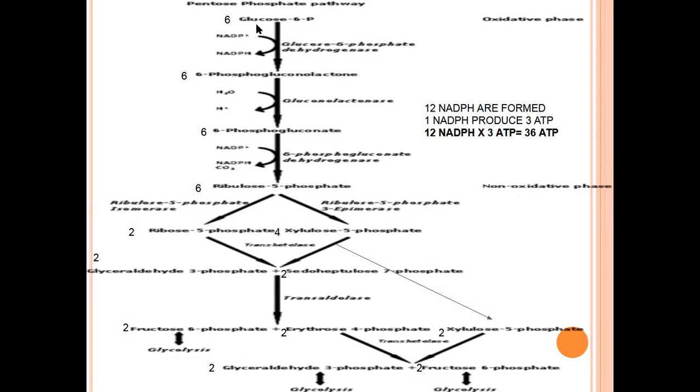Before the direct oxidation pathway, 6 molecules of glucose utilize 6 ATP molecules and convert into 6 molecules of glucose 6 phosphate in the presence of hexokinase enzyme.